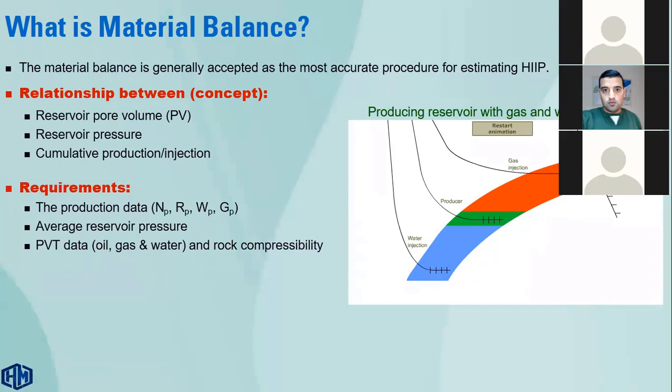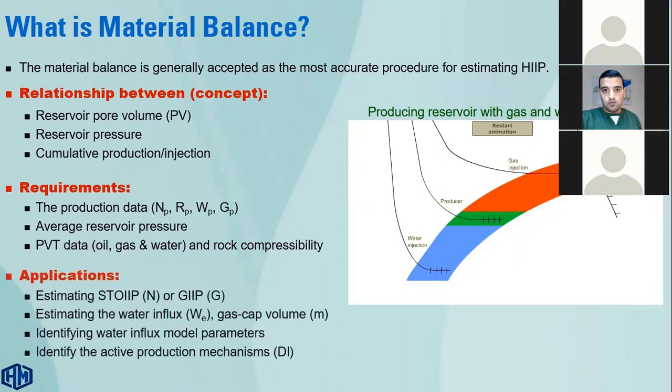The main requirements for material balance applications are the production data: Np, Rp, Wp, and Gp, the cumulative oil produced, cumulative gas produced, cumulative water, and cumulative produced gas-oil ratio. A second requirement is the accurate determination of average reservoir pressure, and finally PVT data like oil formation volume factor, rock compressibility, and so on.